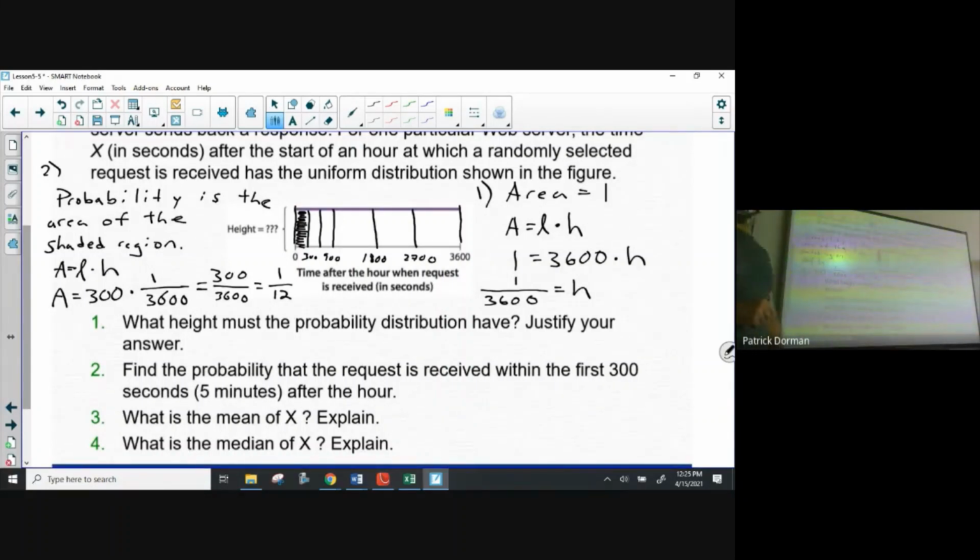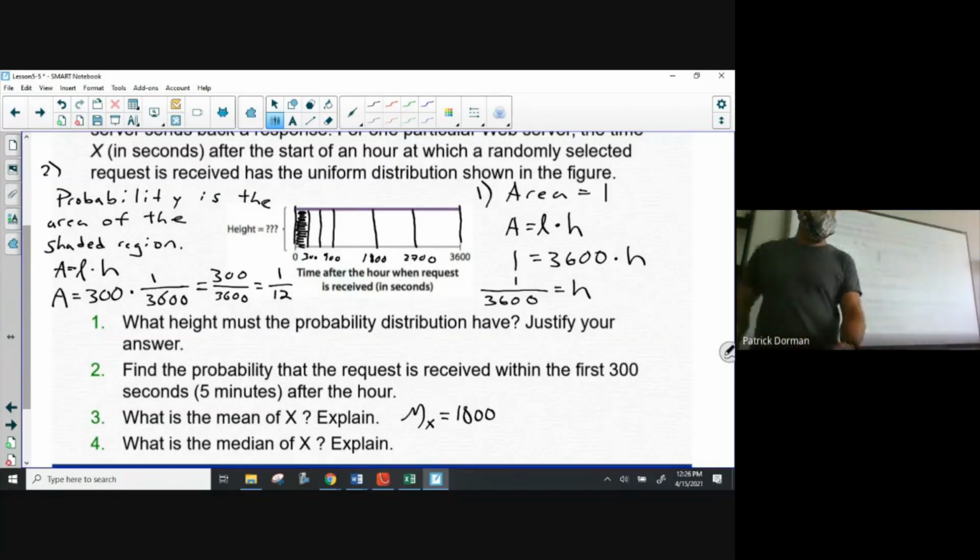All right, what is the mean of x? It is the center, right? Or we could say mu sub x, I think. Yeah, my bad. Why? It's symmetric, right? And that's the middle. And that's going to be the same reason for both of them, right?